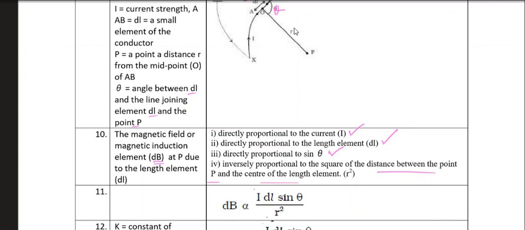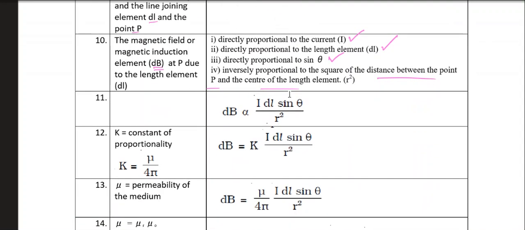You understand? This is the distance. So dB is proportional to I dl, and we have formed these relations as an equation: dB is directly proportional to I dl sine theta divided by r squared.